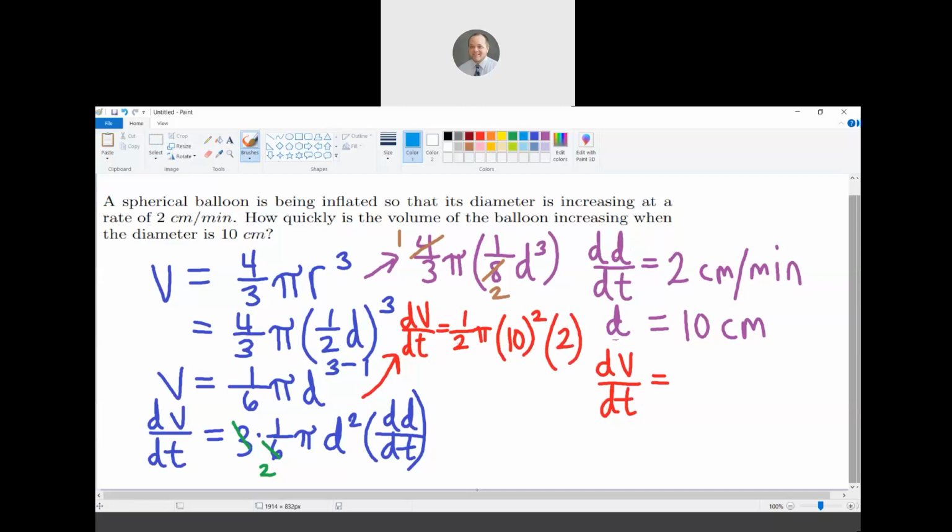Now we can cancel out the 2's. 10 squared is 100 times our pi. So the volume of our balloon is increasing at a rate of exactly 100 pi cubic centimeters per minute.